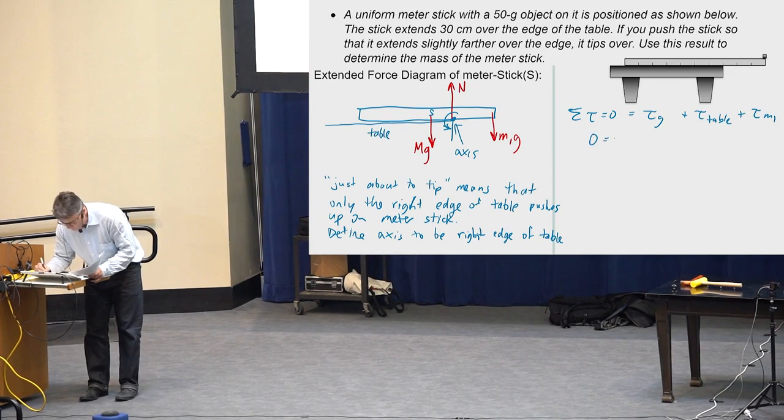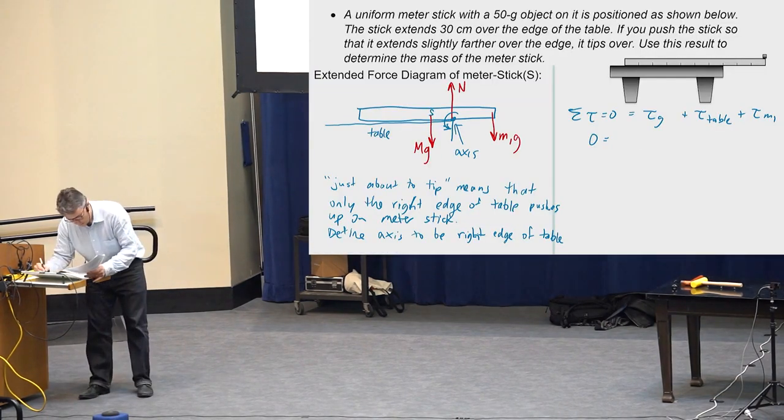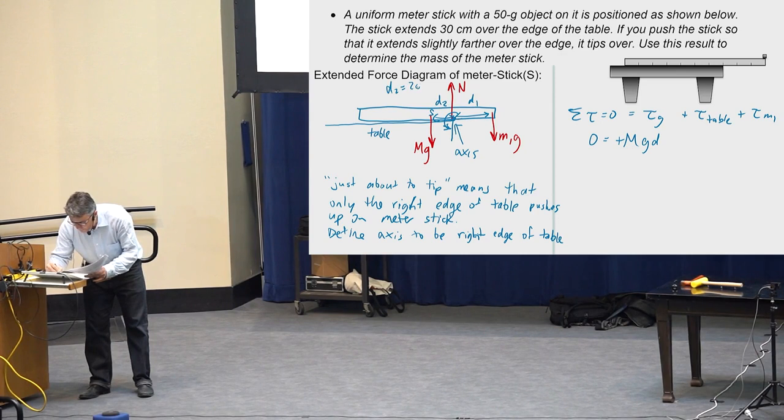It's going to be 0 equals, this one's pulling in the counterclockwise direction, so that'll be a plus capital M times G times, let's call these distances D2 and this one D1. D2 is probably 20 centimeters, and D1 is 30 centimeters.